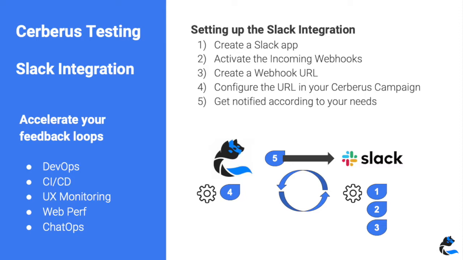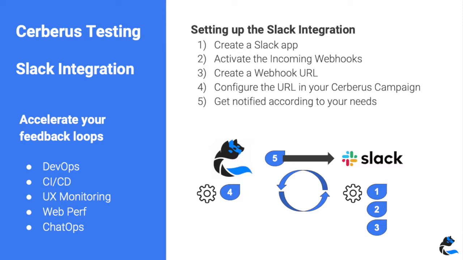You can, for example, have DevOps and business teams collaborating better together in a common communication space around the testing results. You can also receive automated notifications in your automated deploy pipeline, so CI/CD. In the same way, you can receive automated alerts regarding your UX monitoring or web performance of your website using Cerberus to perform those tests.